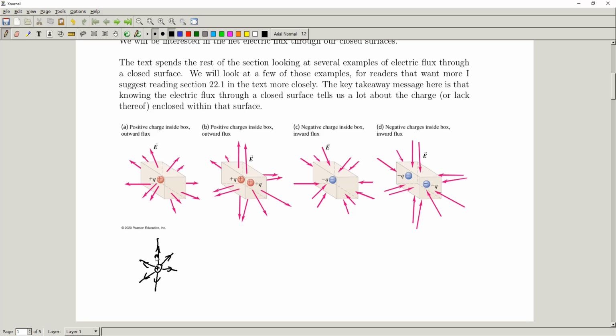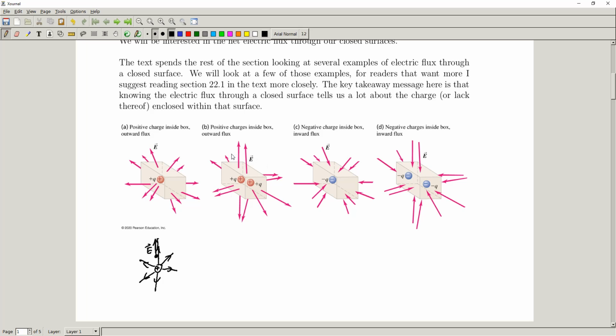Let's say we were interested in this point, we would see that there was an electric field pointing in that direction, right? And so if we place this positive charge in our closed surface, what do we expect to see punching through the surface? We have these electric field lines puncturing the surface here, and we can imagine a net outward electric flux, because every part of the surface that we look at has electric field lines emerging from it going outward, right?